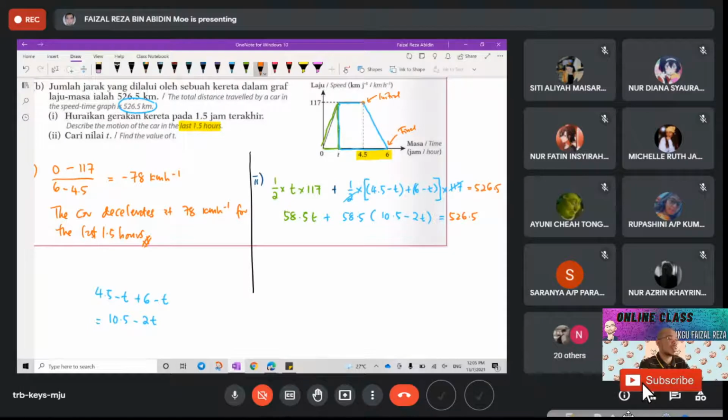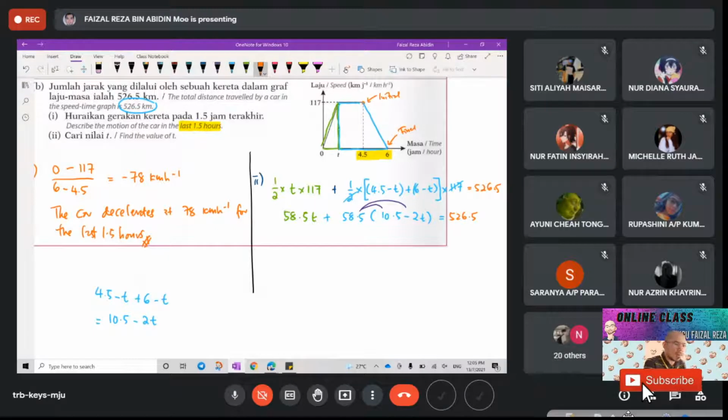So this one, I'm going to multiply inside first, because I'm going to solve with 58.5 there.